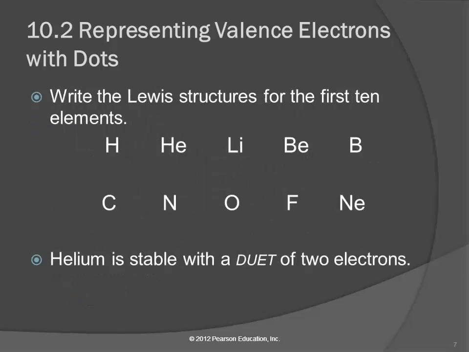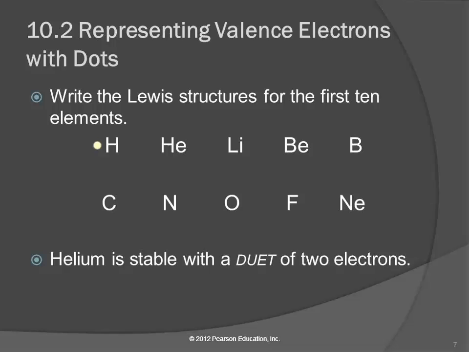So let's write Lewis structures for the first 10 elements, just because it'll be so much fun. So hydrogen. How many electrons does hydrogen have? It's got 1. Does it matter if you put it on the top, the bottom, the right, or the left?